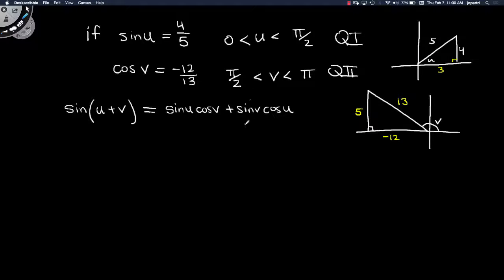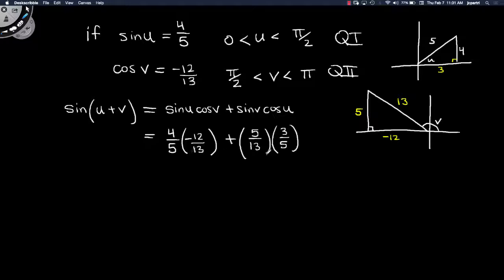I also have to figure out what the sine of v is, and I couldn't have done that without the triangle. Now the sine of u I already know. That's 4/5. But the cosine of v, I know that too. That's -12/13. Now, it's the second part that I wouldn't have known, right? Sine of v is now what? 5/13. And the cosine of u is 3/5.